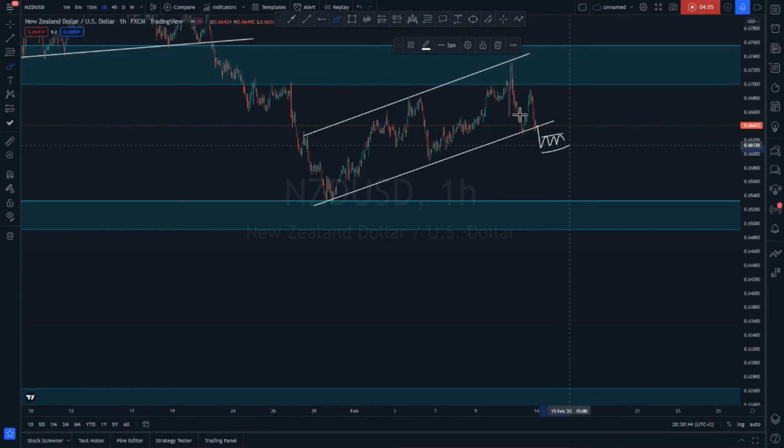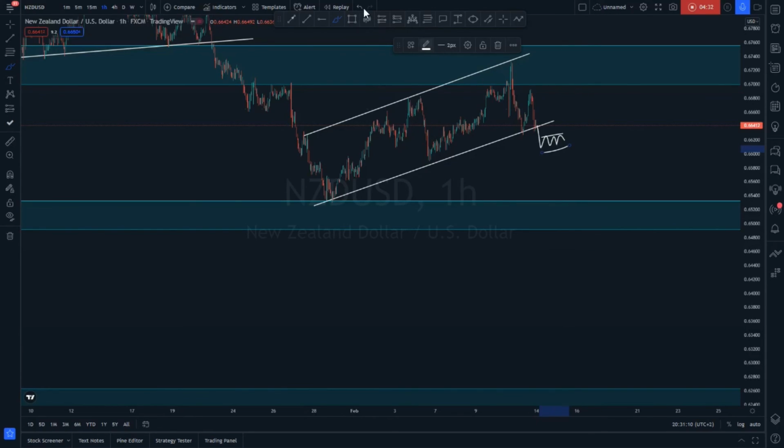We know that it's impulse, correction, impulse, so we're waiting for a correction. The impulse has already left us. What we can wait for is the permission from the market, which is the market correcting to give an impulse, which will give us more potential to profit from this trade. So that's what we will wait for.